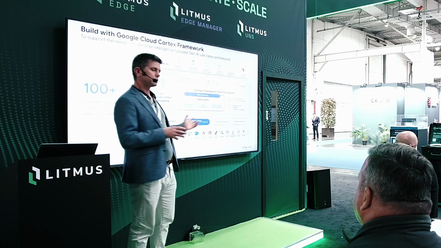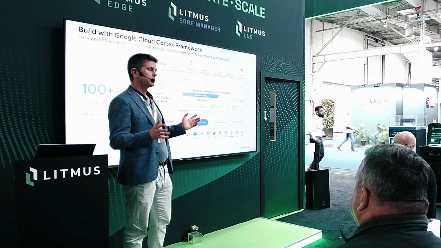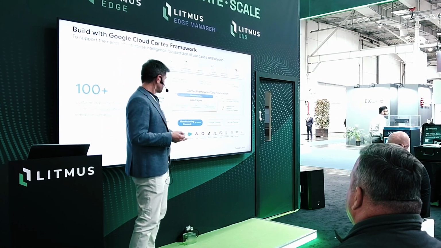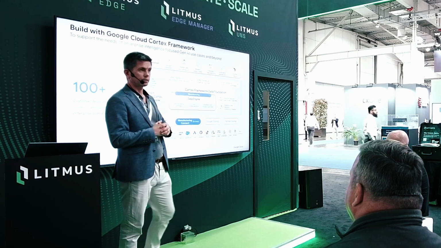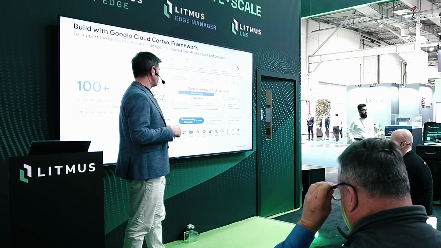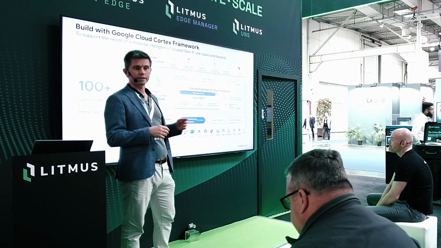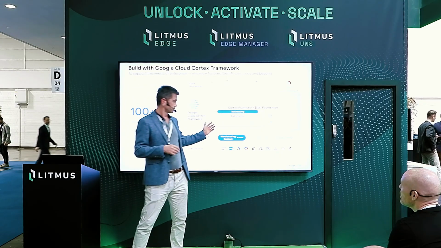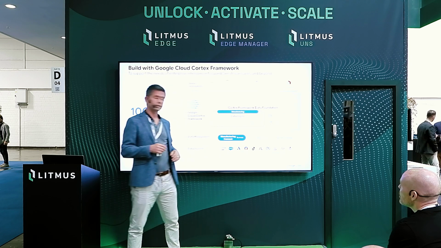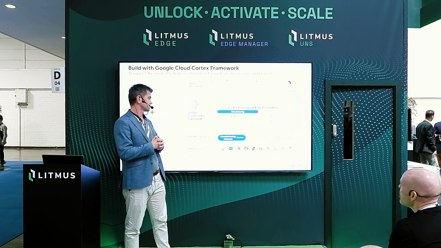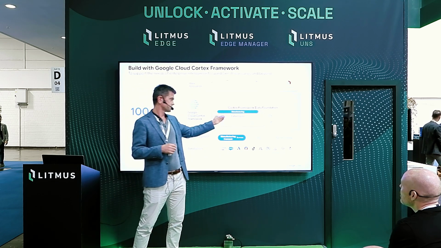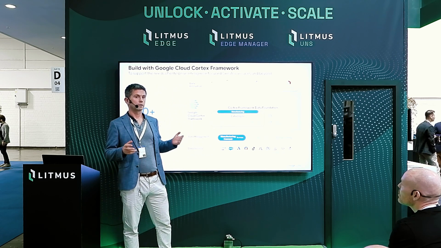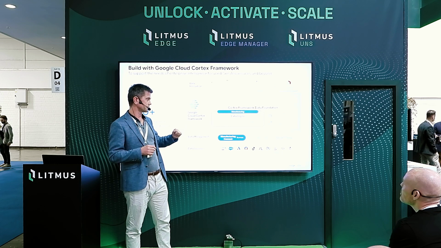But what we also do with the Cortex framework is we pull in a lot of other data sources. Everything from traditional enterprise data sources like SAP and Salesforce. We're looking to expand that with other enterprise ERP solutions as well in the market this year, to social media streams like TikTok, Meta, to Google Ads, campaign data, maps, sustainability data sets, and the list keeps going across private, public, and community data sets.